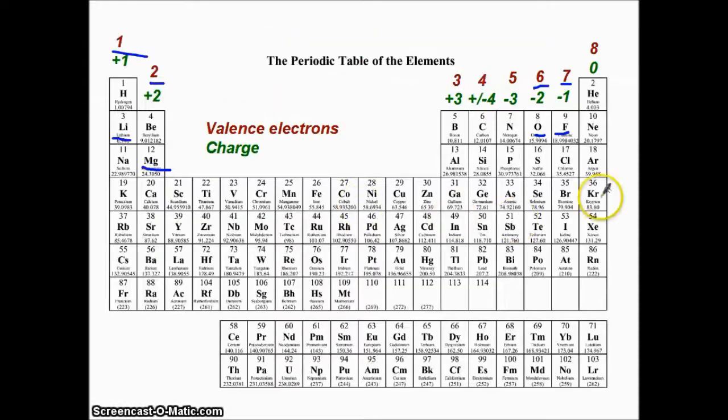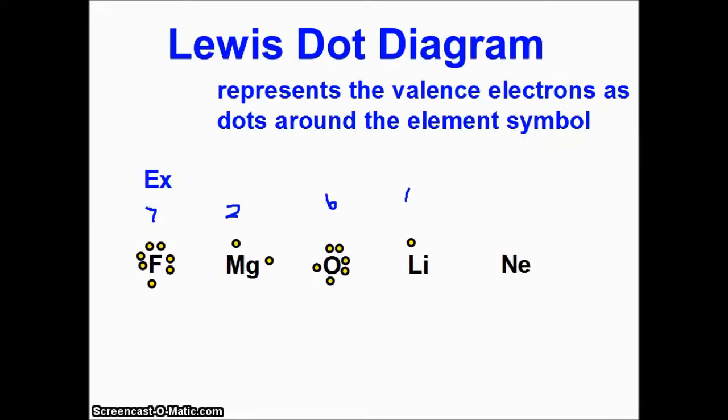So let's go to our periodic table. Here's neon. It has the maximum amount, which is 8. So that's something that you need to know. If you are making a Lewis dot diagram and you have more than 8 dots, you did something wrong. You should never have more than 8 valence electrons, so you shouldn't have more than 8 dots. So again, 2 on each side until we're full.